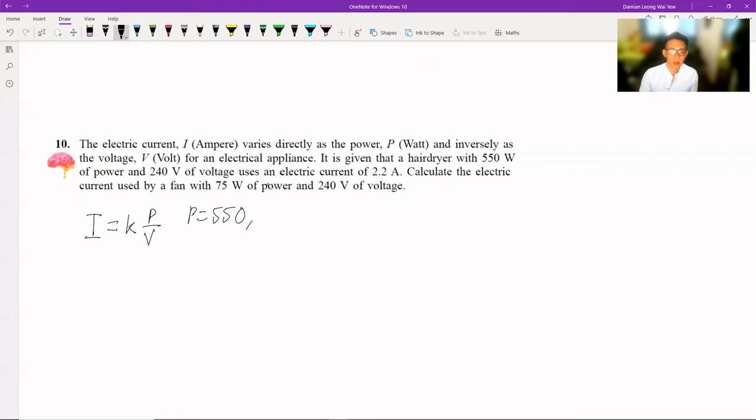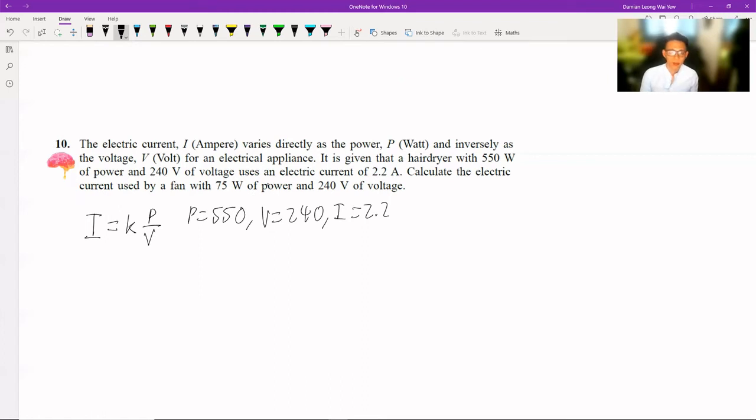And 240 volts, V is 240, and current 2.2 ampere, so I is 2.2.